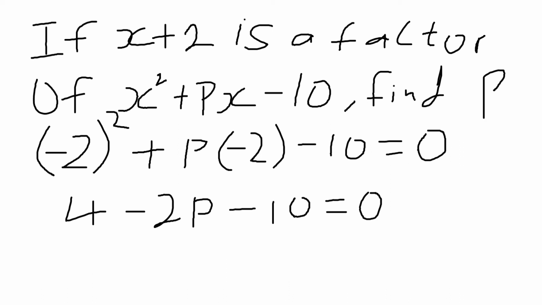So you can do proper simplification here. When you take 4 and you subtract it from 10, you are left with negative 6. So you will have negative 2p minus 6, and this is equal to 0.